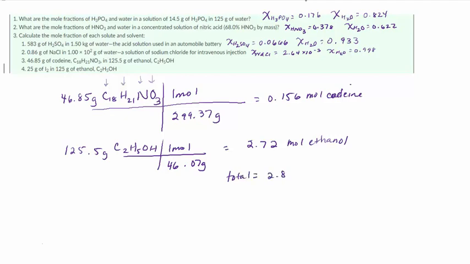Now I'm using the extra digits on purpose. So the mole fraction of codeine that I find is 0.156 divided by this 2.876. And I get a mole fraction of 0.0542.